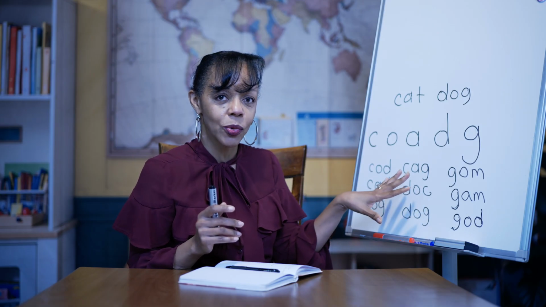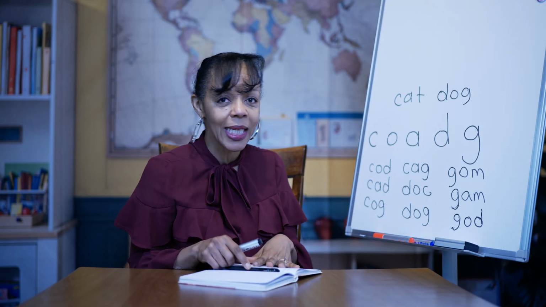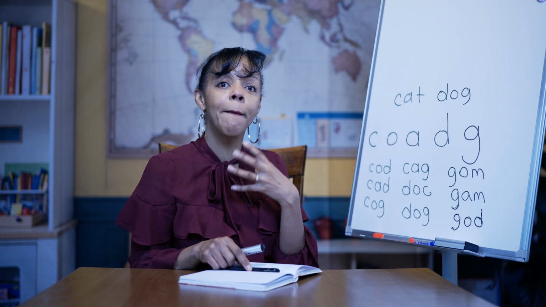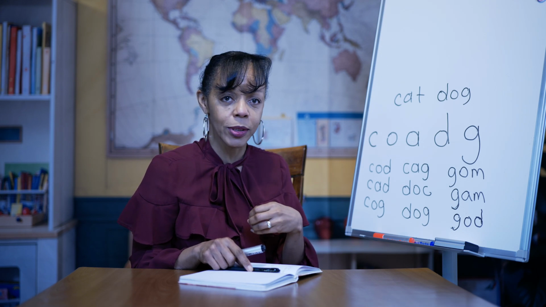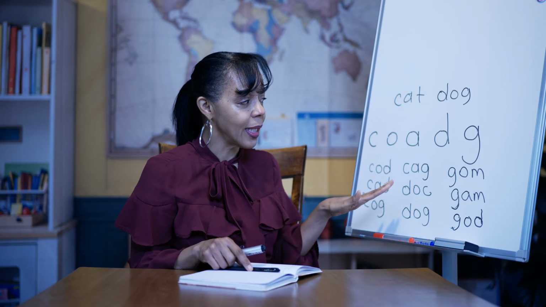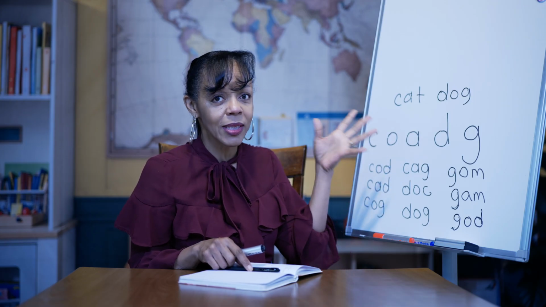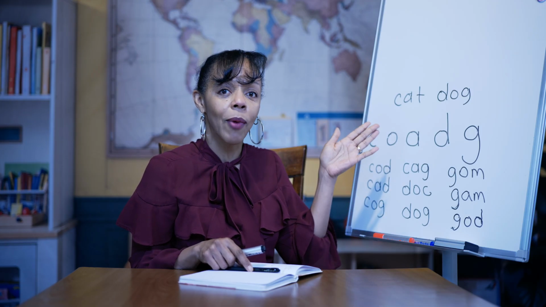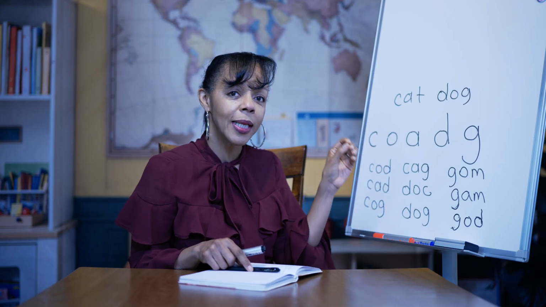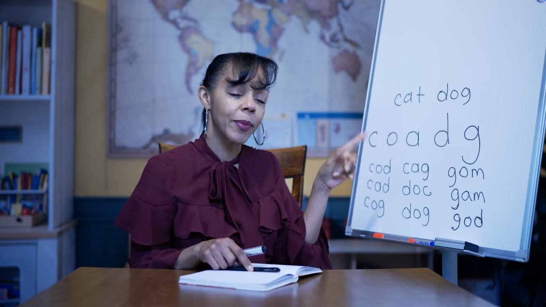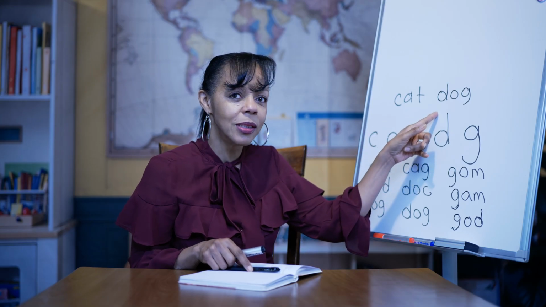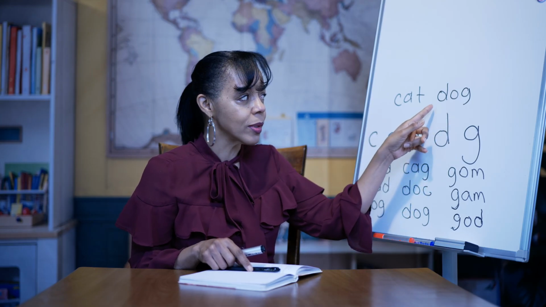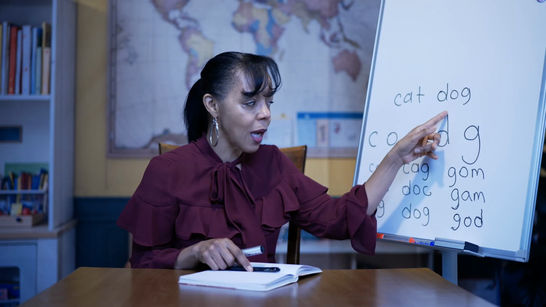So in teaching these skills, make sure that the children can read all of these real and nonsense words before you go on to any new words, because that builds up their confidence in their ability to read words. They can say cat because they've seen it a million times and they've memorized it, but you're going to use what they know about that word to help them read words that are similar to cat. Same thing with dog. The sounds are dog.